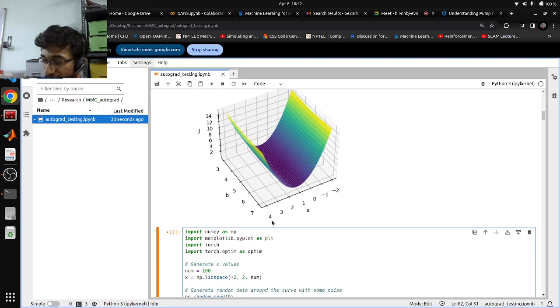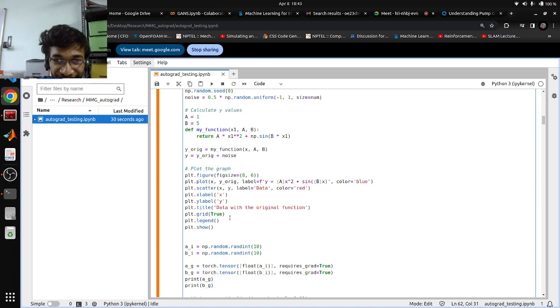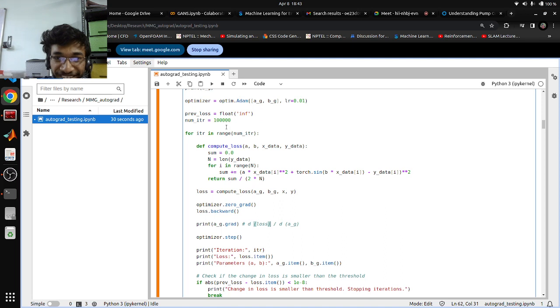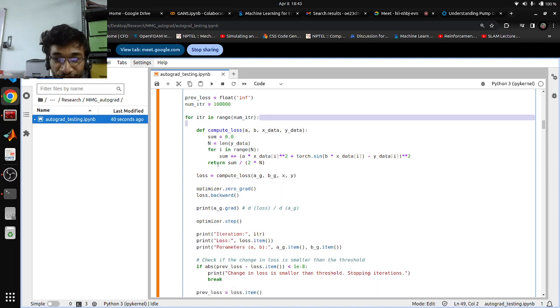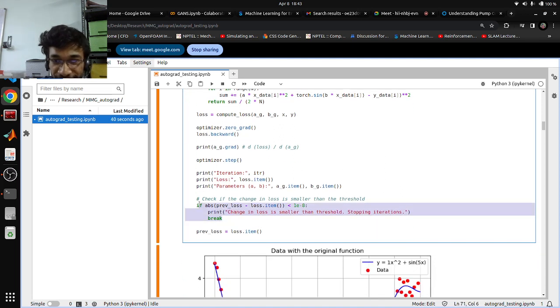When will it stop iterating? It will stop when my iterations run out, or when I check whether the previous loss and the current loss don't differ much. Then I will stop the process.